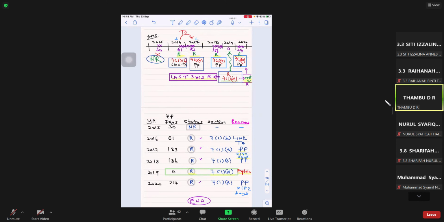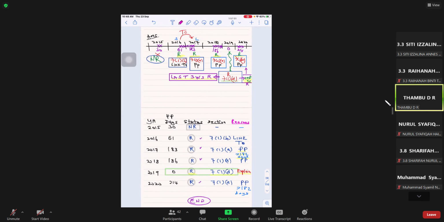Habis. So, di sini, I masuk all the years, all the dates, number of days you stay, I put here. Then, I write the section number. 71B, 71A is more than 182. This one. Current year, you are resident because in the last 3 years resident, next year you are resident.